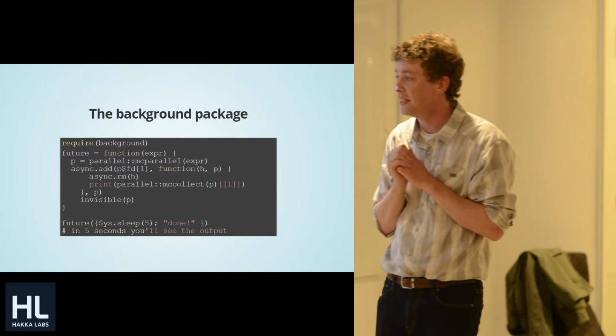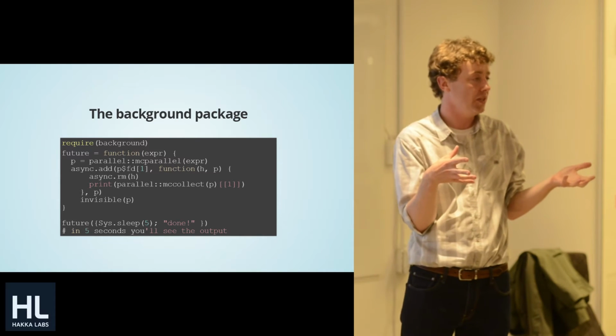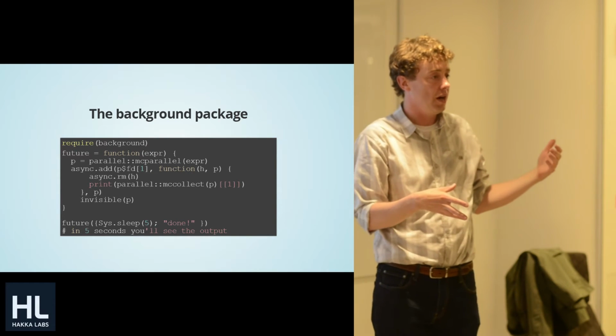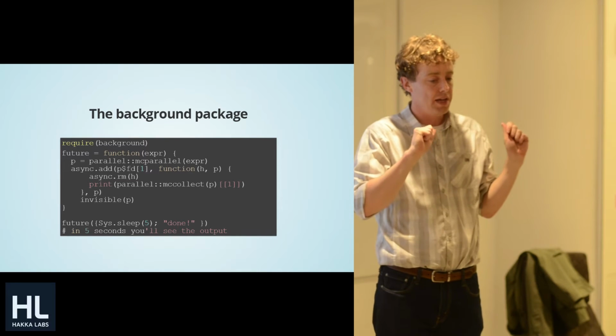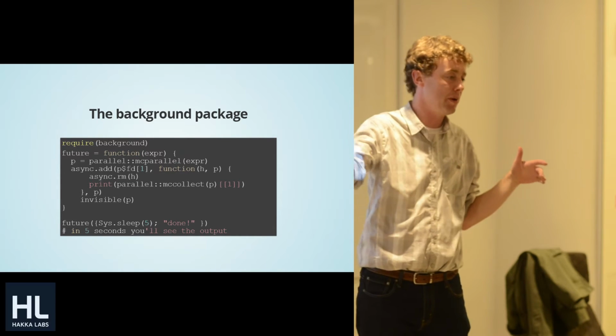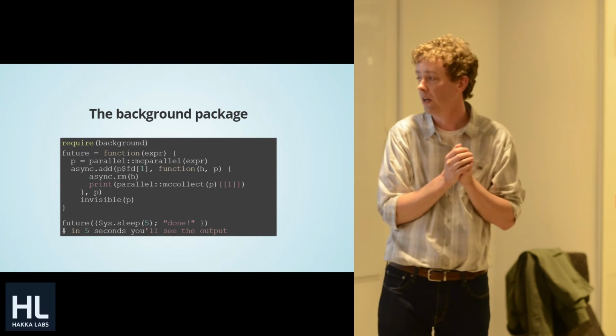Basically the idea is that you can give it an expression to execute, and then you can give it a callback. The callback is executed after the result of the evaluation on the child is returned back to the parent.